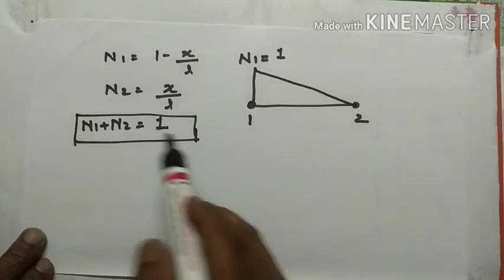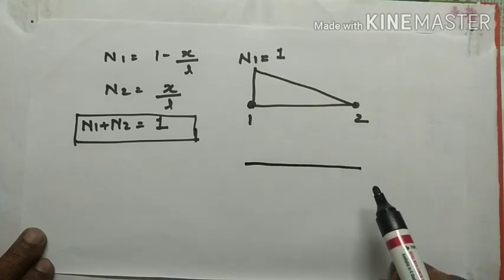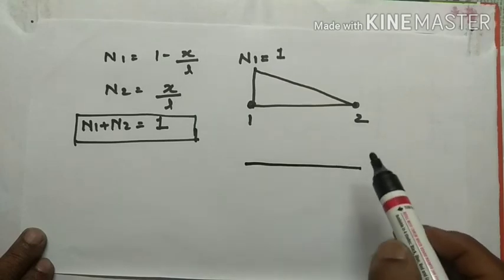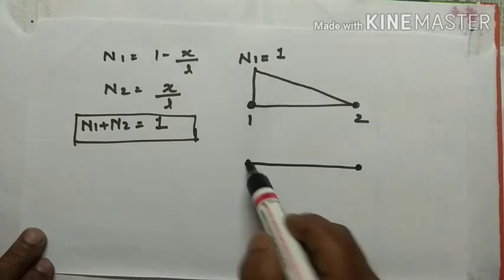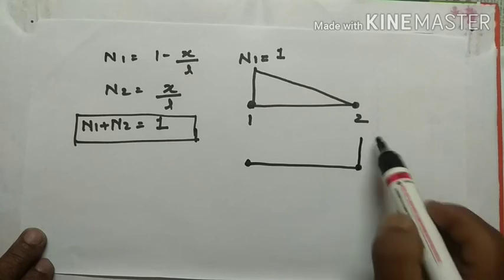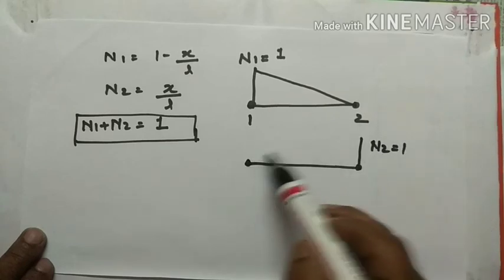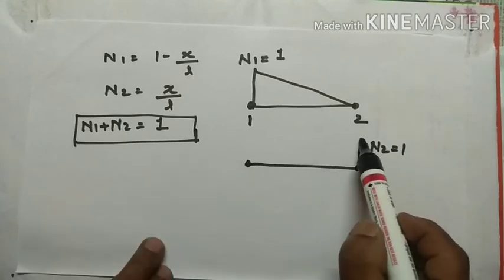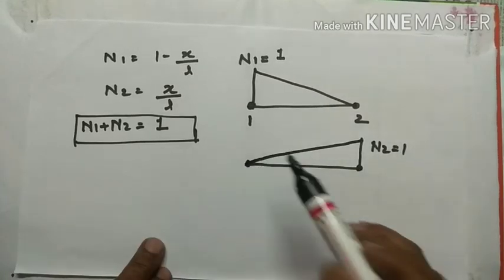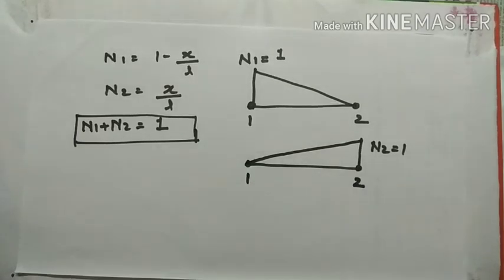And if we consider the variation of n2, at node 2, which means that x is equal to L, the value of n2 is equal to 1, which decreases towards node number 1. So that's all about the derivation of shape function in a one-dimensional element.